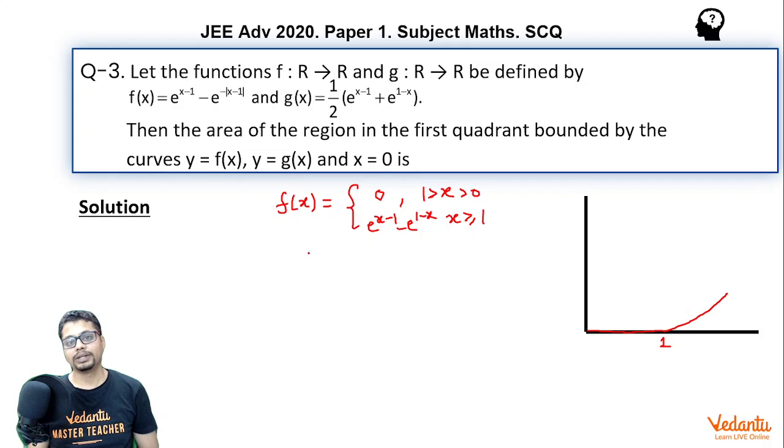Now what about g(x)? g(x) is half times e^(x-1) + e^(1-x). So it is of the form half times (t + 1/t). Check it out, x-1 is the power of the first term and -(x-1), which is 1-x, is the power of the second term. So it is of the form (1/2)(t + 1/t), where t is positive.